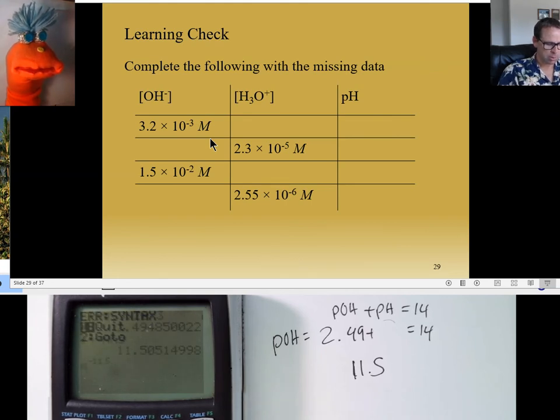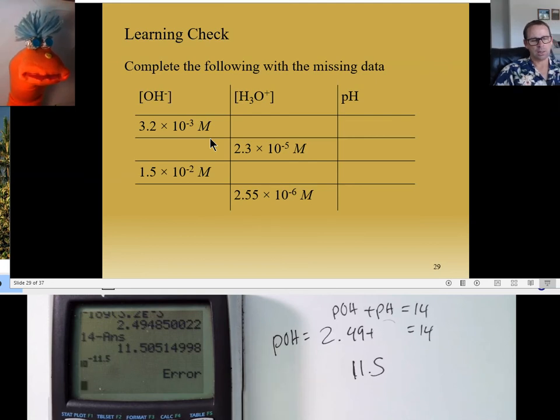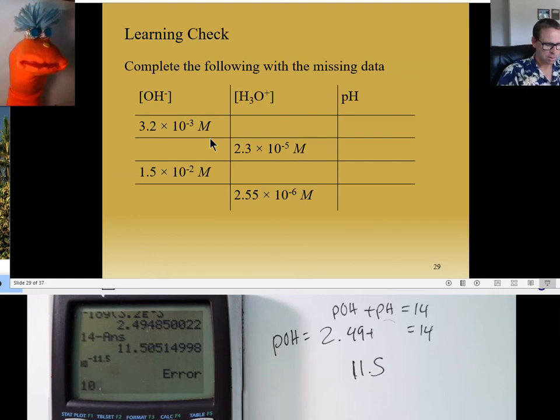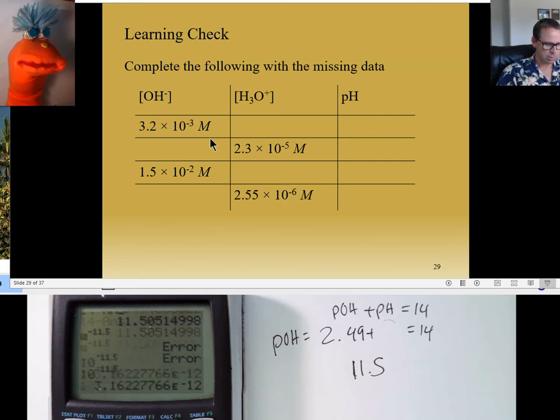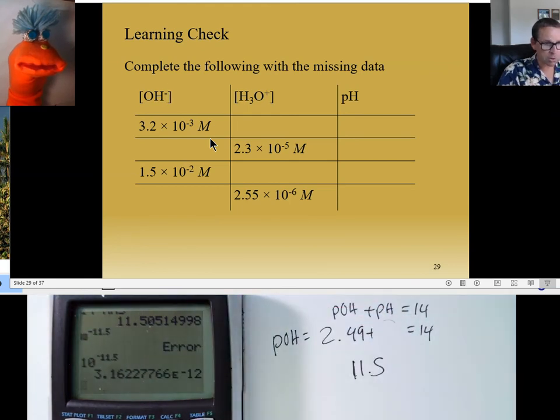And that will give me 10 to the negative 11.5. There we go. What did I do? Oh, I used the wrong negative sign there. I have to use the small negative sign.